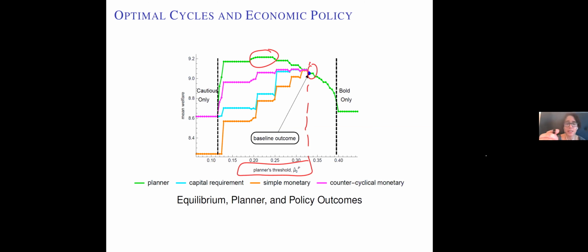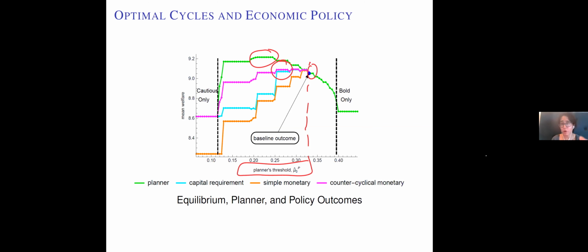Third, you can see that at the optimum, when the capital requirement and counter-cyclical monetary policy are maximizing welfare, they're actually very close. So the counter-cyclical monetary policy is a little better, but I want you to pay attention that the counter-cyclical monetary policy requires a very smart government who can condition on the aggregate state, because the aggregate state of this economy is not exogenous, it's endogenous.